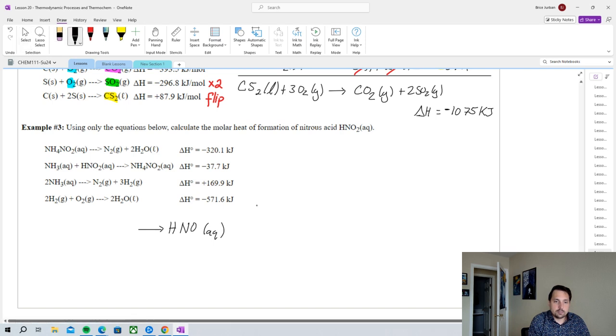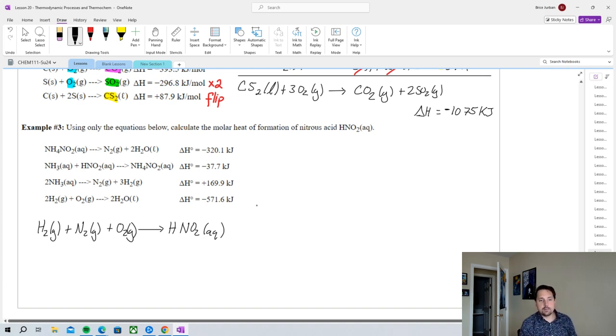And then what would the simplest elements be? Well, it'd be hydrogen, nitrogen, and oxygen, in their simplest elemental state. So hydrogen would be a gas, nitrogen would be a gas, and oxygen would be a gas.